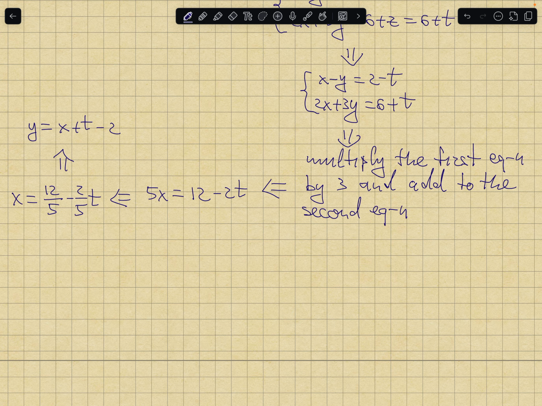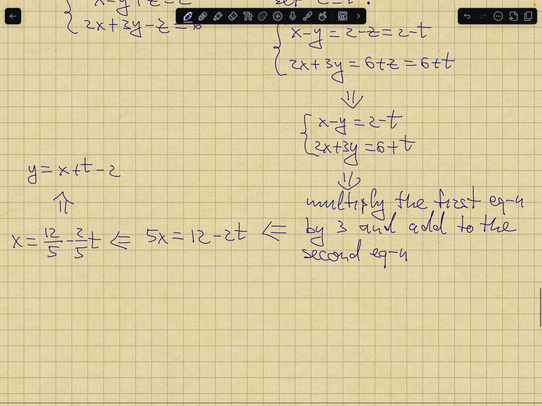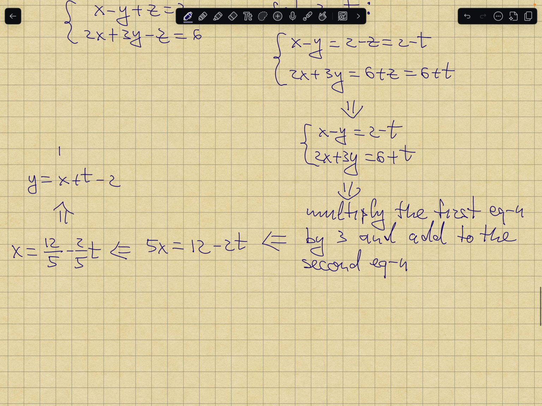And so I can substitute x that I have already found just now. So y is 12/5 minus 2/5 t, that's x, plus t minus 2.